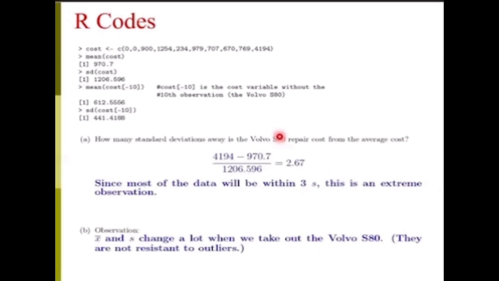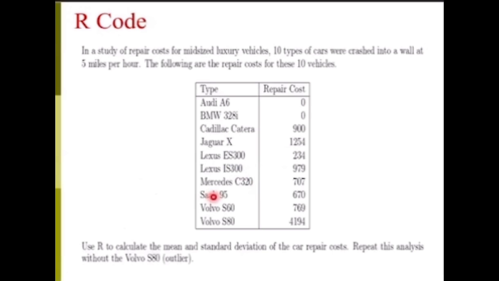This is the mean of all the costs. The bottom one is the standard deviation. 4194 is the cost for the Volvo. Where's your Volvo? It's right here. We want to compare that cost with the average.